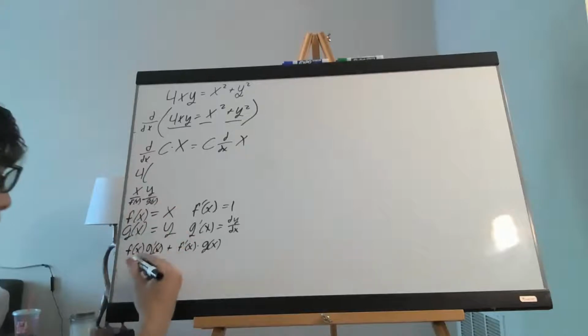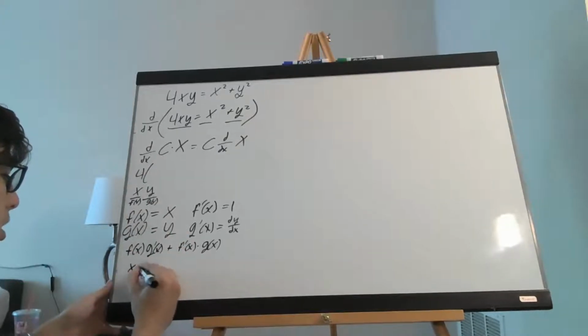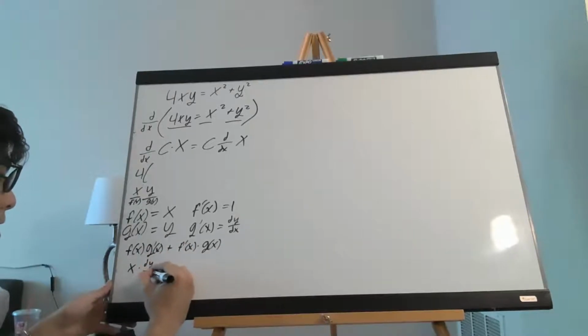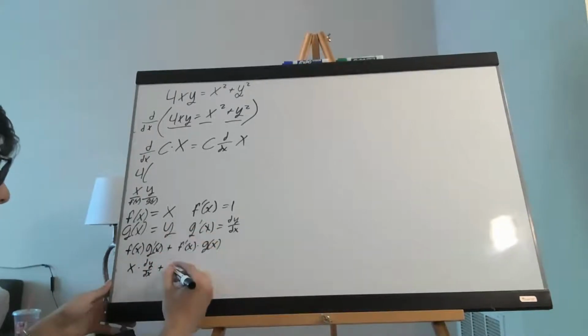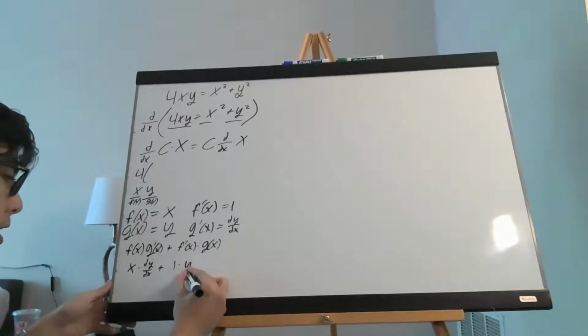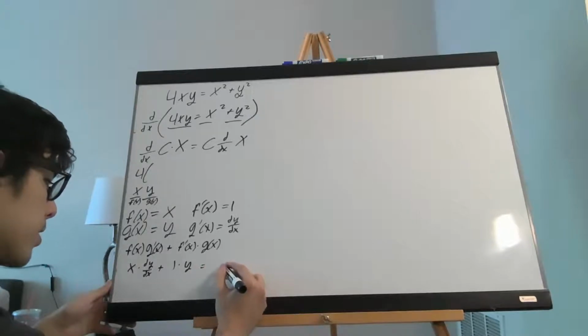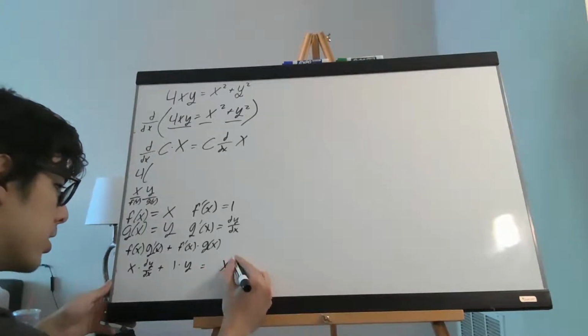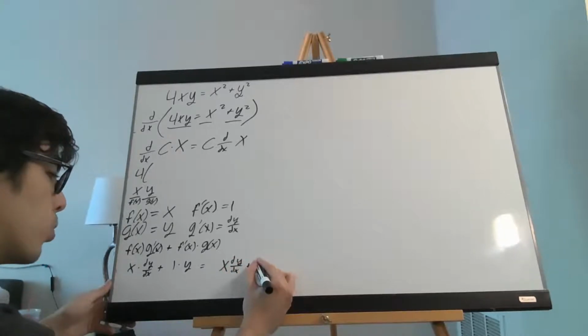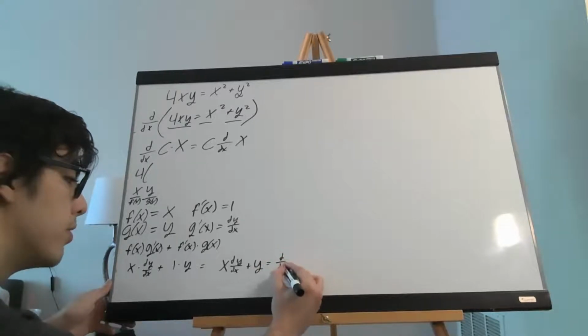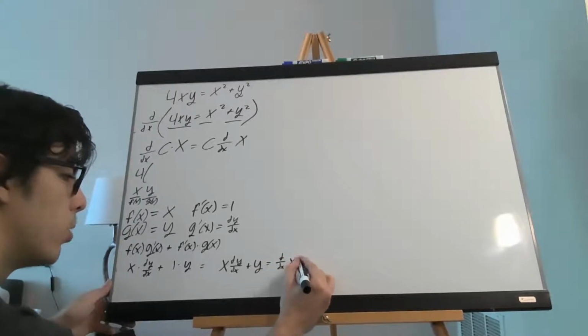So now let's plug in. We've got f of x, which is x, times g prime of x, which is dy/dx, plus f prime of x, which is 1, times g of x, which is y. That's going to give us x dy/dx plus y, which is the derivative of xy.